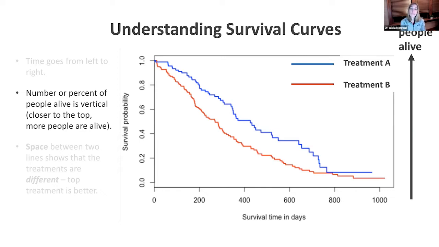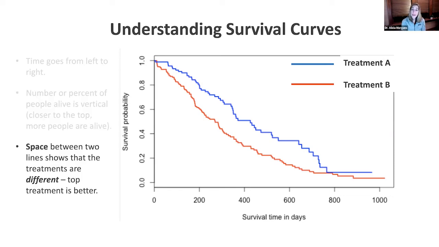So if we look at the very beginning, the upper right corner, or sorry, the upper left corner, so even I get confused, the upper left corner, where we see the blue and the red line are overlapping, 100% of people are alive, and that's time 0. That's when everyone's starting on this clinical trial. Everybody's alive. And over time, as we move to the right, people are passing away and other people are surviving, and both lines move down because the percentage of people is moving down.